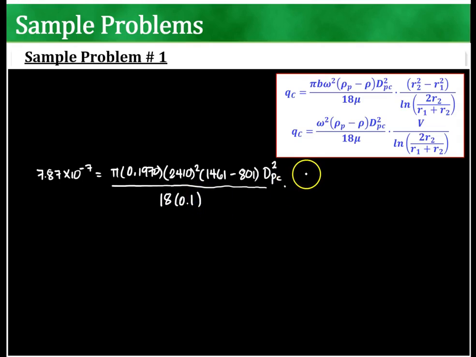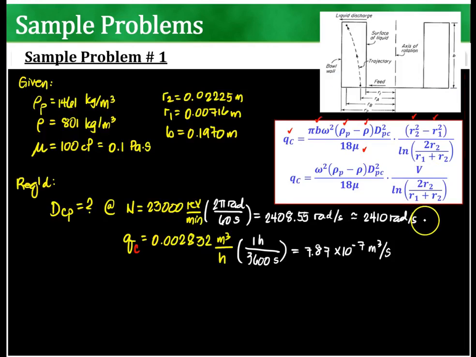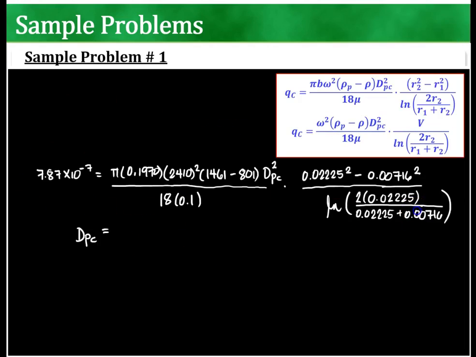And then multiplied by R2 squared, where R2 is 0.02225, minus 0.00716 squared, all over ln of 2 times 0.02225 all over 0.02225 plus 0.00716. It's basically just plugging in the values.